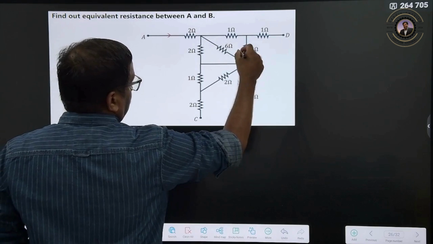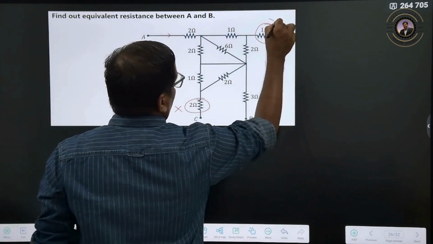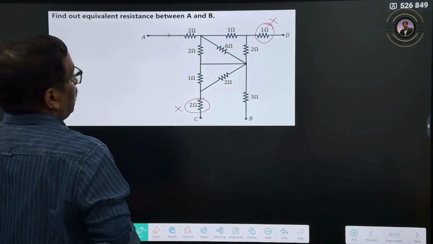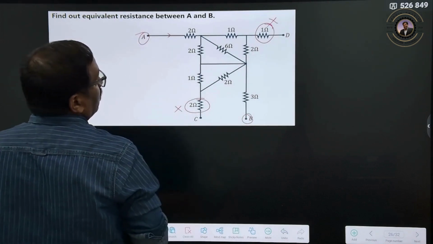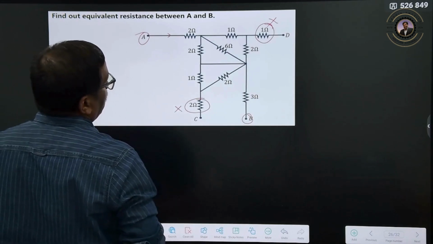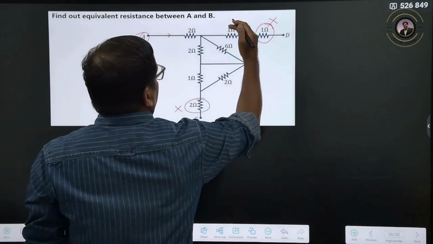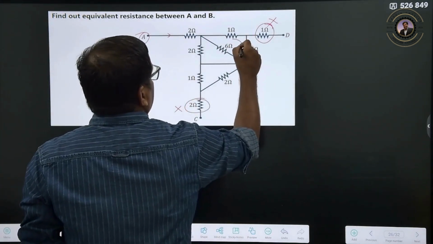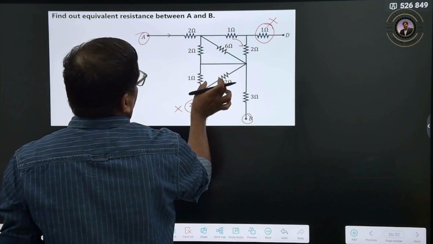These all parts are there, we come to here. So this part is of no use and this part is of no use, because we want to calculate between A and B. So this is your outer part, just remove this one. Now these two are in series and parallel. These two are in parallel.